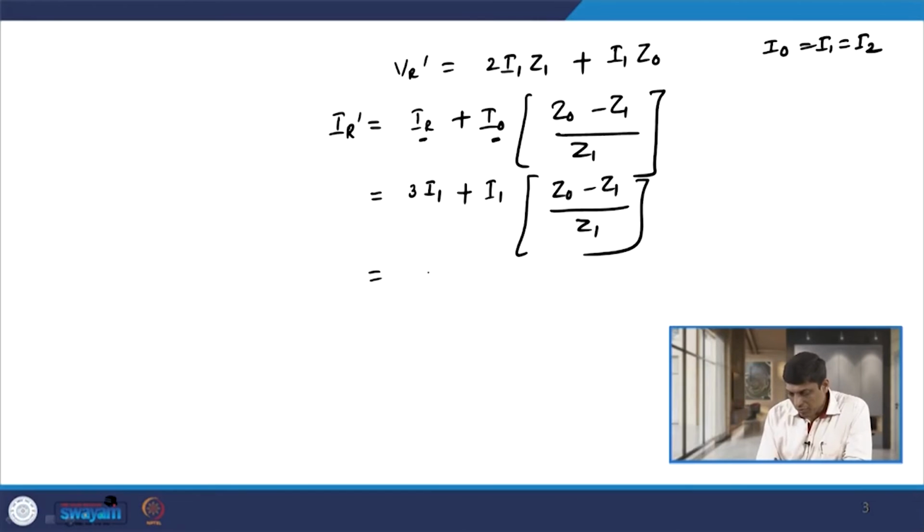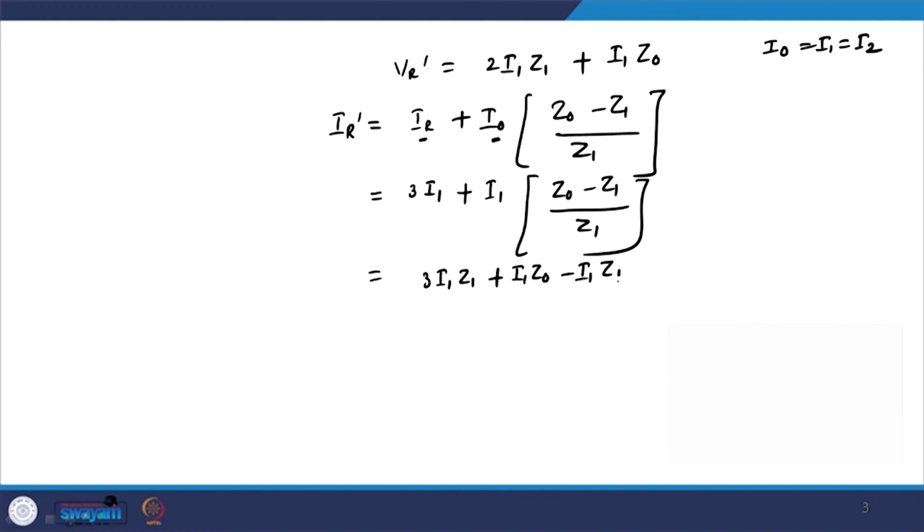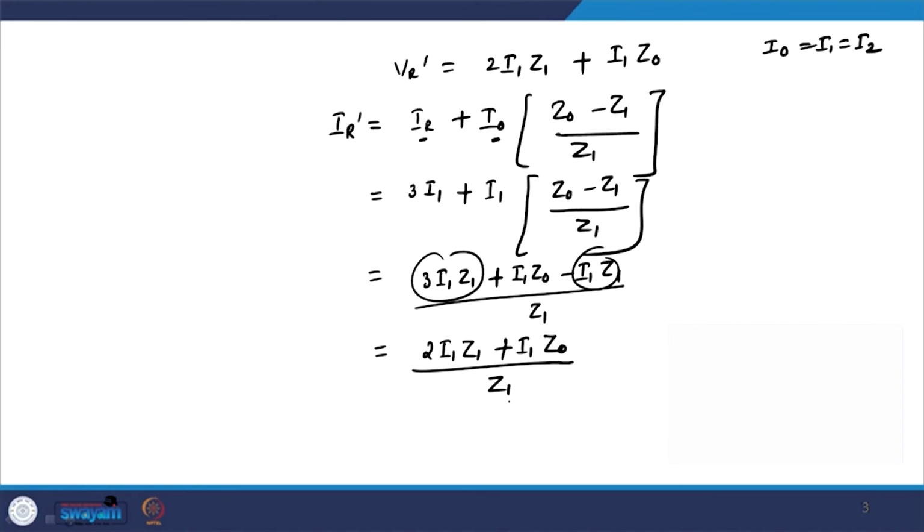So, we have 3 I1 plus I1 Z0 minus I1 Z1 divided by Z1. So, we have 2 I1 Z1 plus I1 Z0 by Z1. So, this is the current we need to give to the relay.